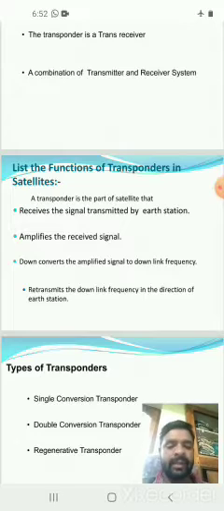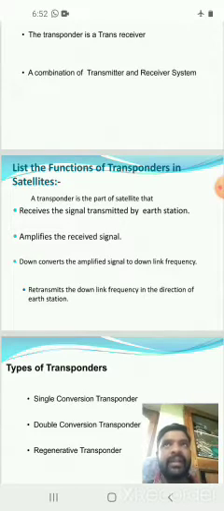So here the transponder is the main part of the satellite. Its purpose of transmitting as well as receiving can be performed by the circuit.